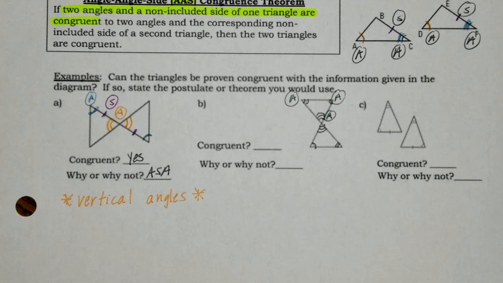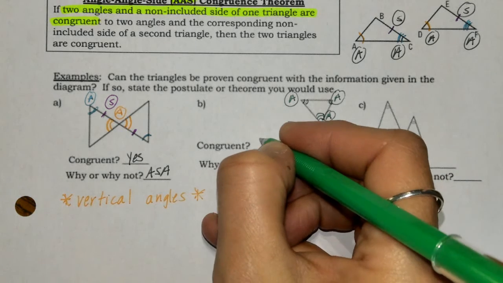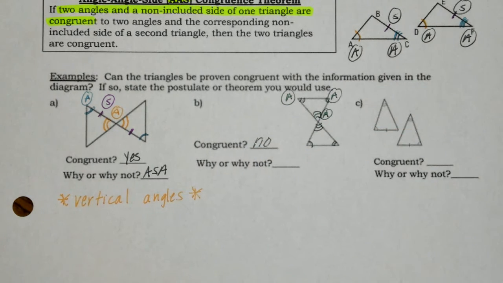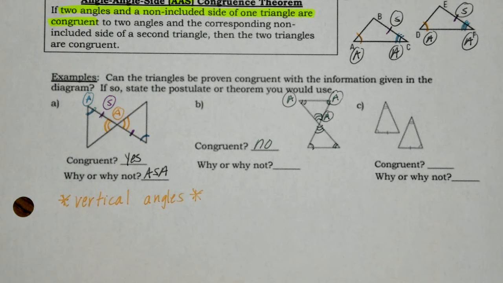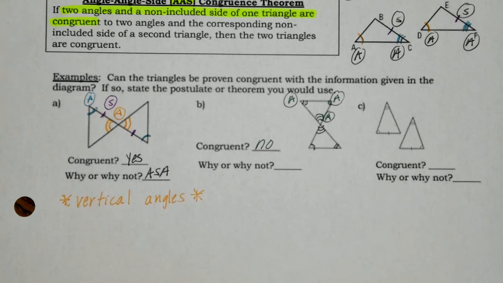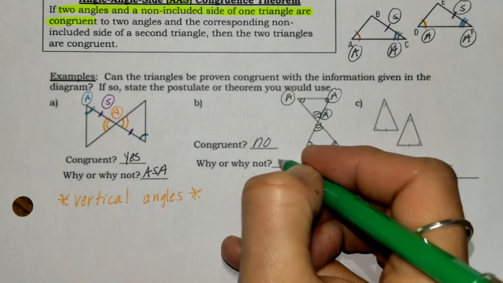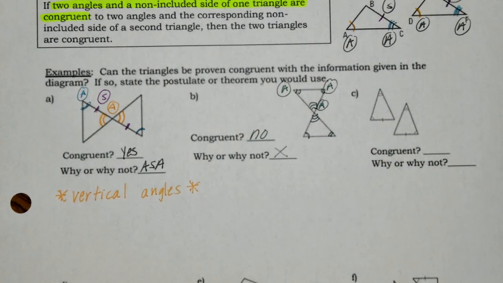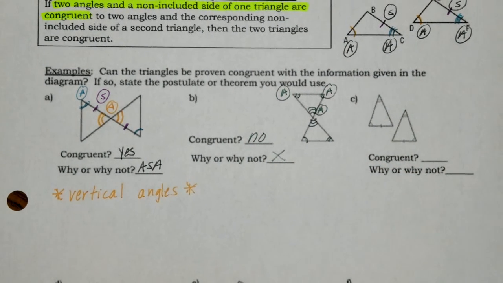We have not covered it, and we will not cover it as a way to prove congruency. You cannot use three angle measurements to prove that two triangles are congruent. So this one we're going to answer no. If all three angles are congruent, this is no congruency. If you have three sides, yes, but three angles, no. So why or why not? There's no answer to put there because they're not congruent. So there is no congruency.